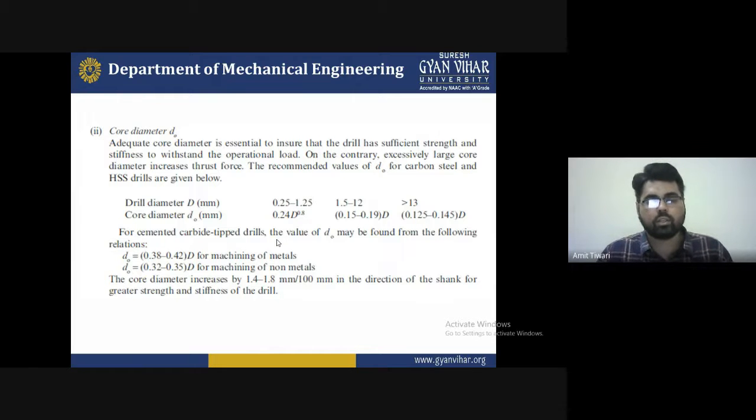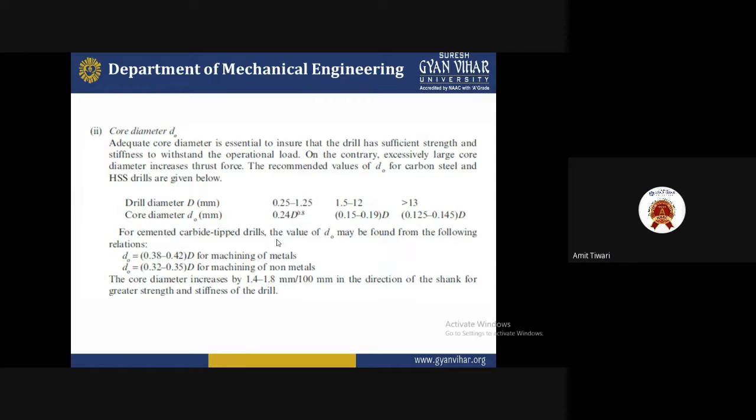So these are some conditions for the carbide tip tool. If you are machining metal, select the range 0.38 to 0.42, and if you select non-metal, you have to select the range 0.32 to 0.35 times D. So these are the ranges indicated for machining of non-metal.